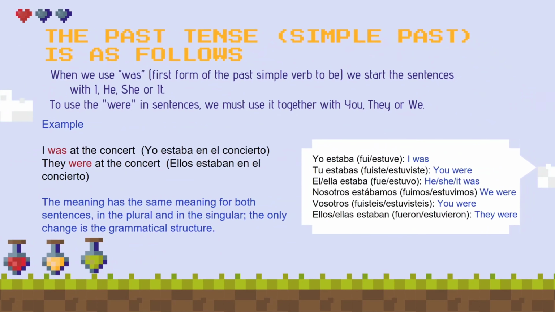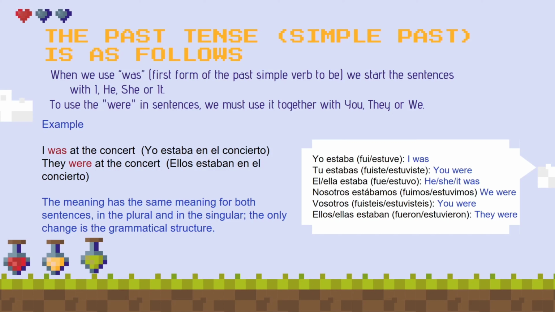Next. The past, simple past, is as follows. When we use was, the first form in the simple past of the verb to be, we start the sentences with I, he, she, or it. To use the word were, we must use it together with you, they, or we. Example: I was at the concert. Yo estaba en el concierto. They were at the concert.